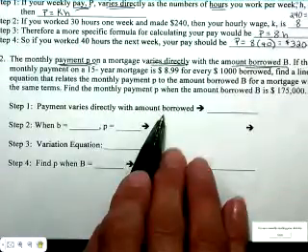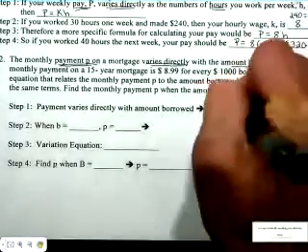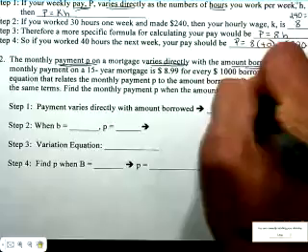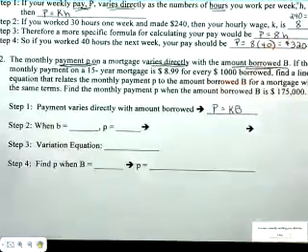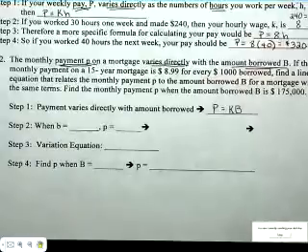P equals KB. The varies directly is what tells me constant times amount borrowed rather than constant divided by amount borrowed. You know, the more you borrow, the higher your monthly payment's going to be.